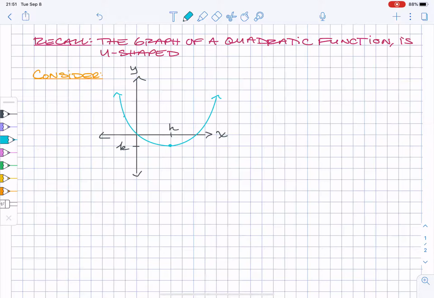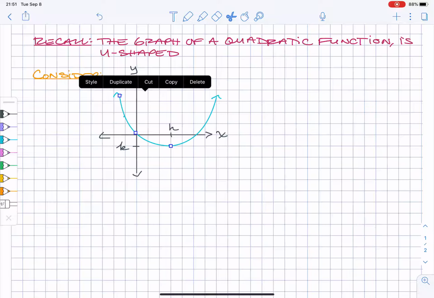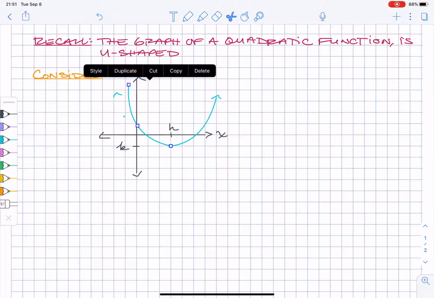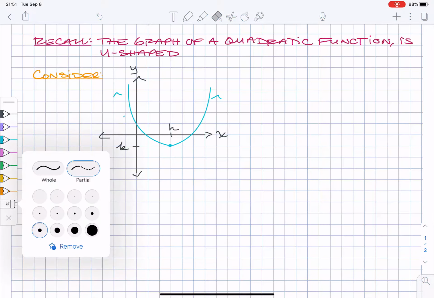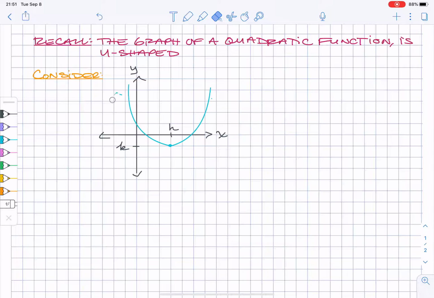Actually, I think I want to make this a bit steeper. Maybe like that. Okay, so here's my quadratic, or something close to it.